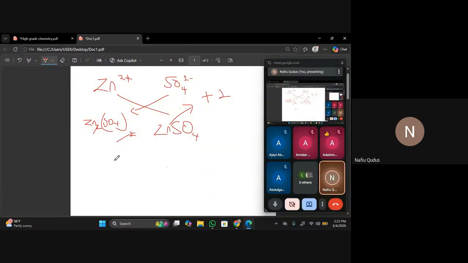For the CuSO4, it is still Cu2 plus and SO4 2 minus. So that's what we have in this case. In this case, copper here is +2, while here it is 0. From +2 to 0, does it increase or decrease?